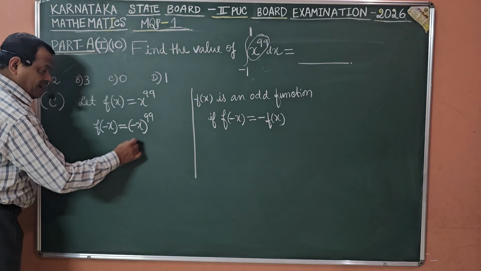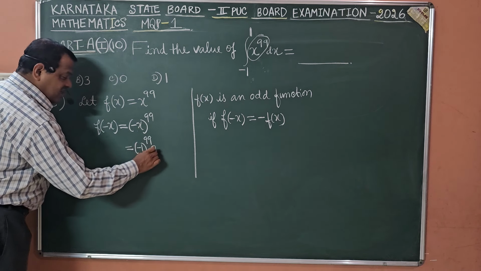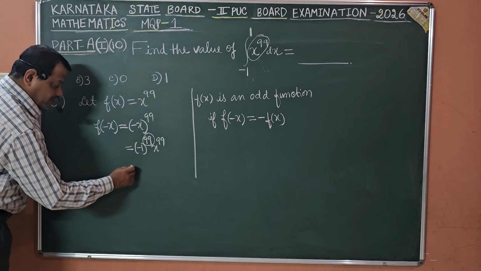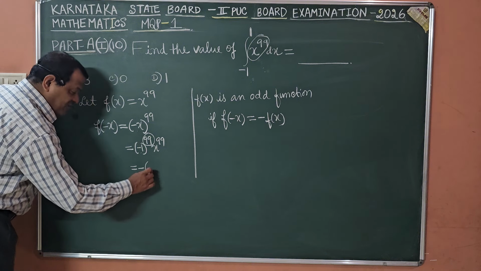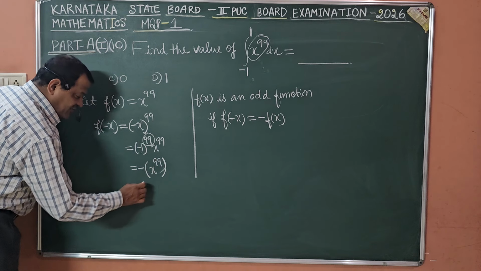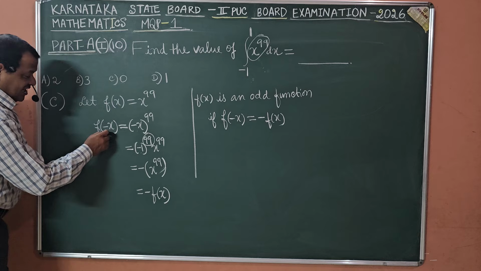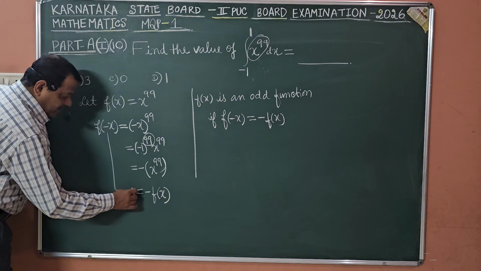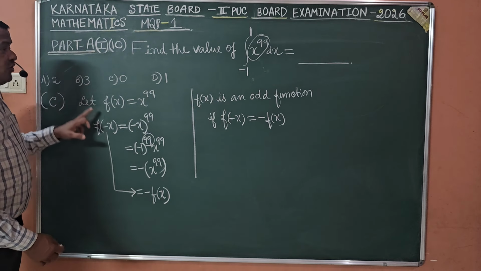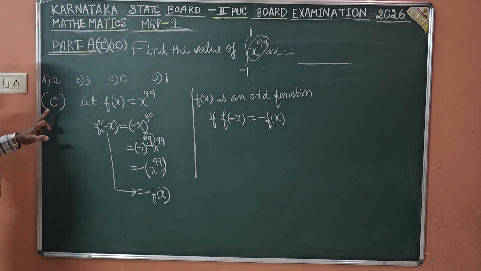Minus x whole power 99 is minus 1 power 99 into x power 99. Minus 1 power 99, an odd number, gives minus, so minus of x power 99 remains. Therefore, it is in fact minus f of x itself we are getting. Say f of minus x, we got minus f of x. So such a function is an odd function. Therefore, this definite integral value is 0. Option C.